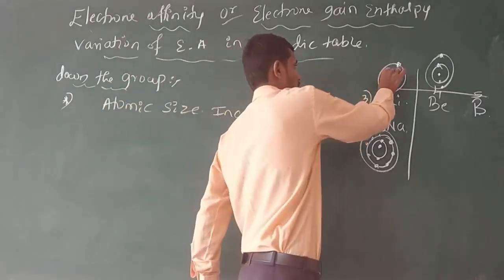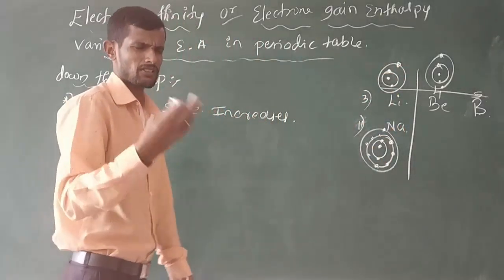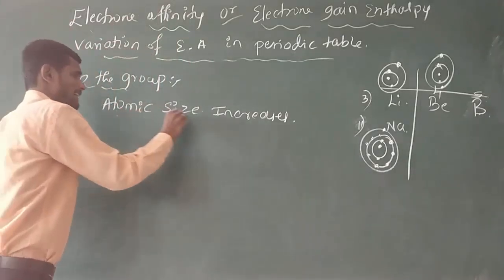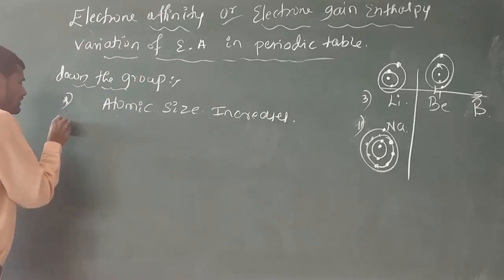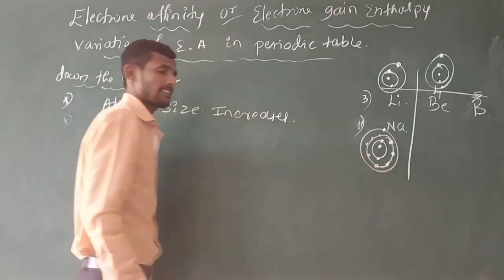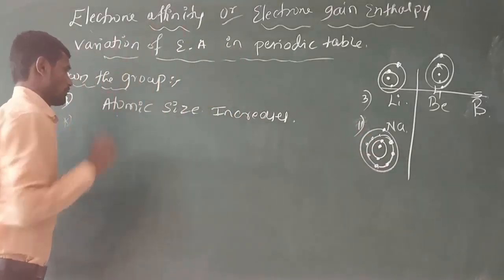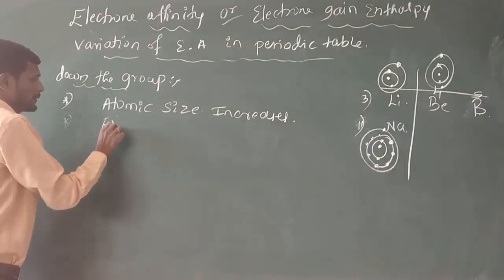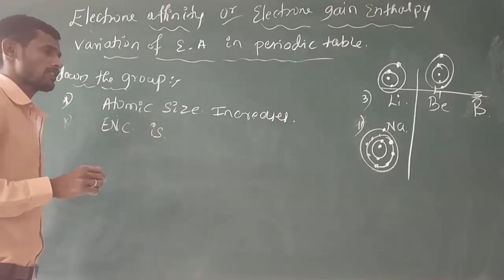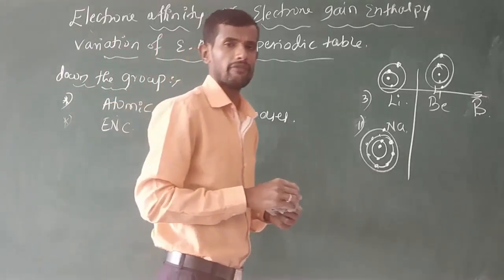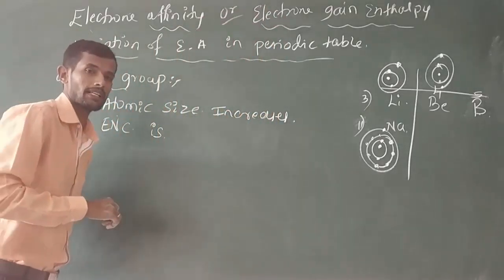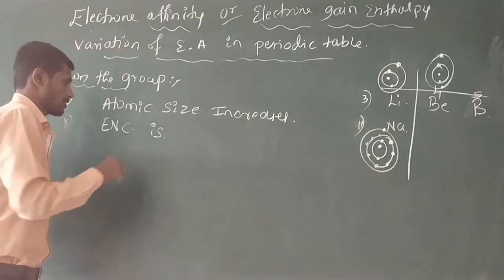We know, if we move down the group, then atomic size increases because the number of shells increases. Next, about effective nuclear charge. Yes, students, remember, if we move down the group, effective nuclear charge, meaning the force of attraction between the nucleus and the outermost electron, decreases.